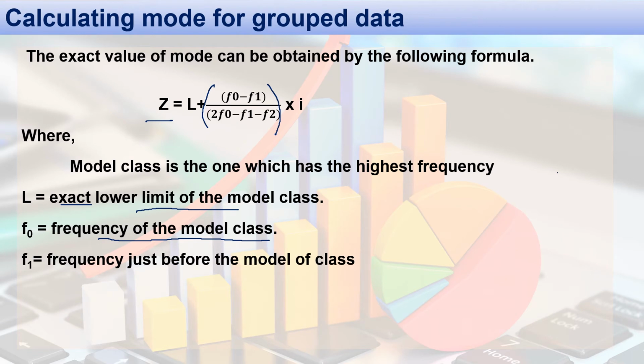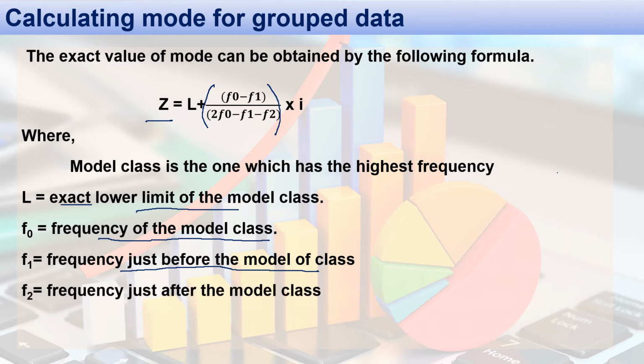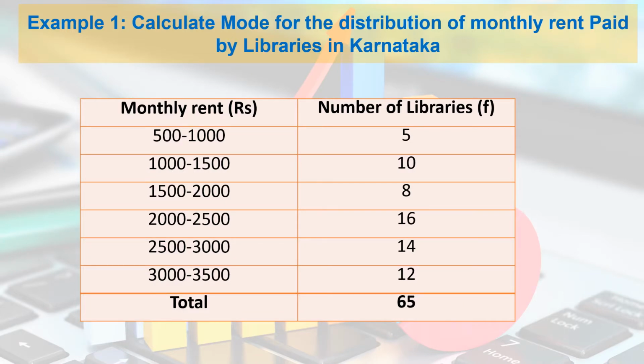F1 represents the frequency just before the modal class. F2 represents the frequency just after the modal class. And I represents the width of the modal class. In the last section we saw how to take the width of the class interval. So this is an example to calculate mode for grouped data.